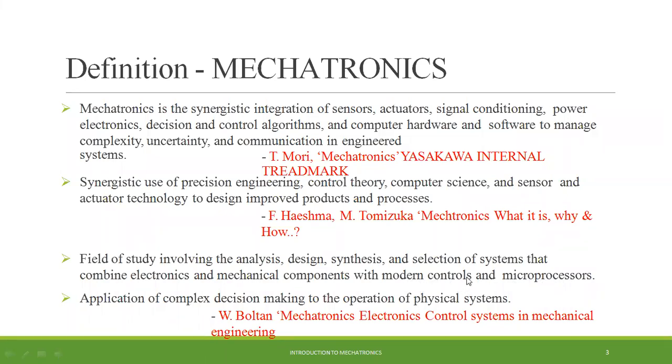So the controller plays a major role. The processor is one part of the controller, and the processor is the device which stores the programs that we dump to the system. Depending upon the program only, the entire set of components will be accessed.